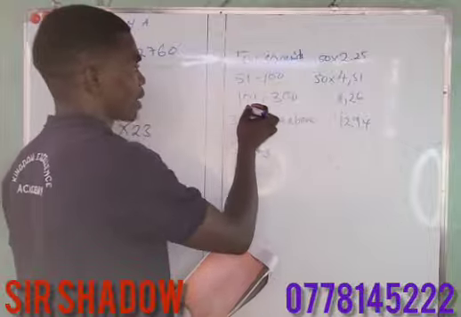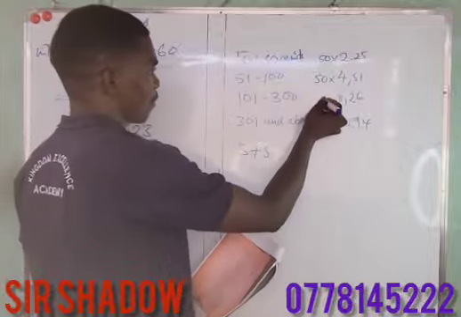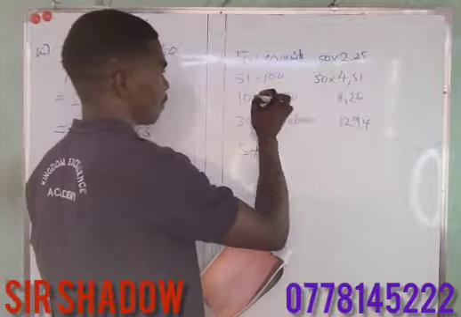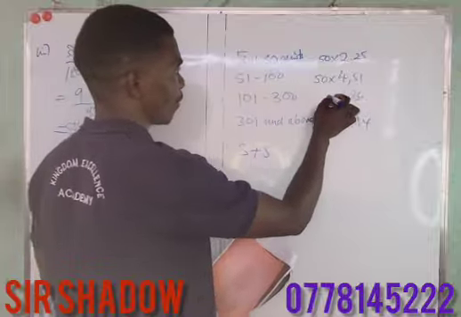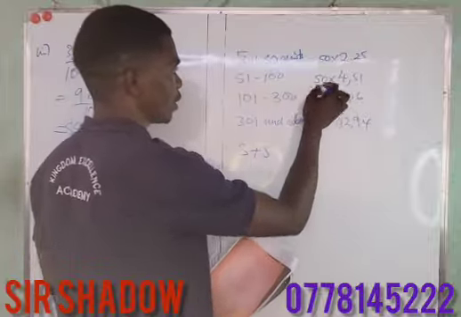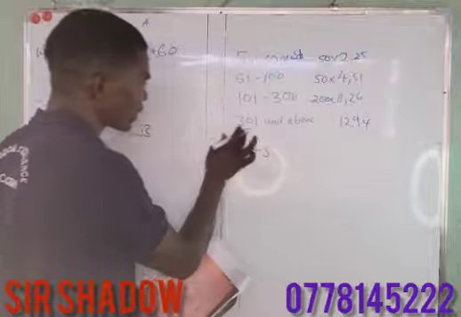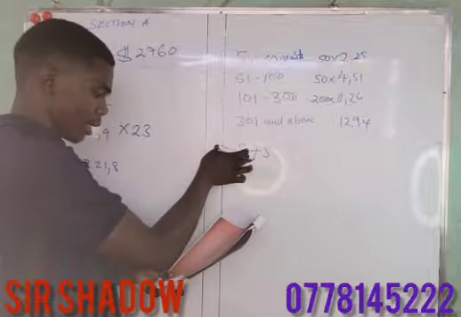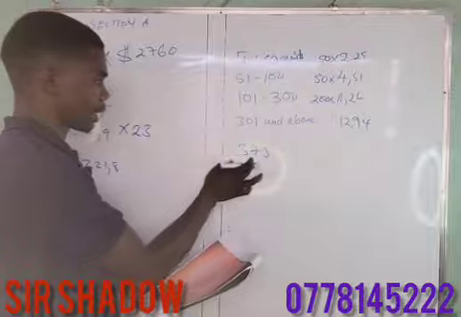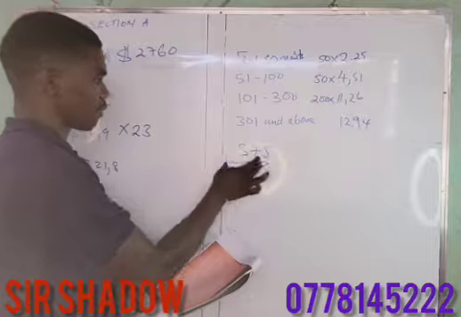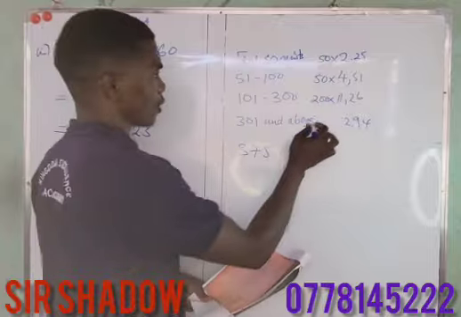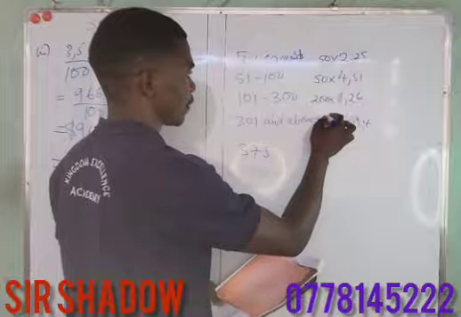Then 101 to 300, we multiply by 200 units here. Then 301 and above. Remember, from 301 up to the number of units you want to calculate, 375, from 301 to 375, which is 75. So here we multiply by 75 units.